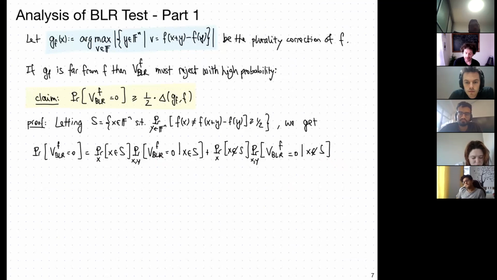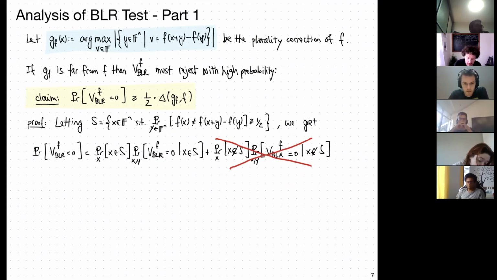In some sense, we're going to ignore this, because we want a lower bound. Maybe even if you're not in this bad set S you'd still reject, but I don't want to worry about it. I'm happy just proceeding with this. I'm narrowing down my set of bad points to those which belong in S, and then maybe my life will be easier.